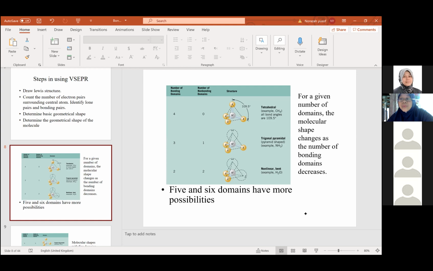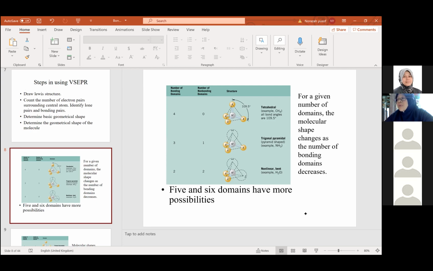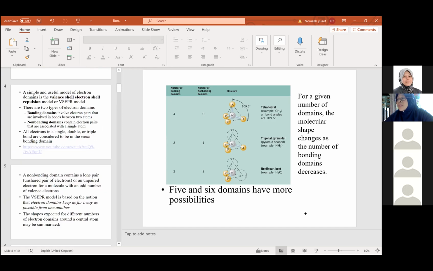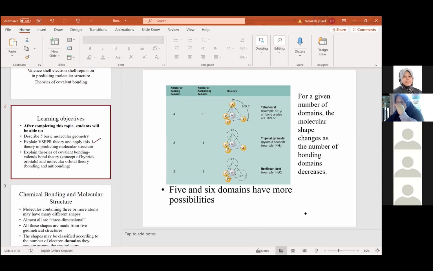So you have to know all this, okay? And you have to know how to properly draw the specific molecular structure. So VSEPR is important, especially for your test 2 at this moment, okay?